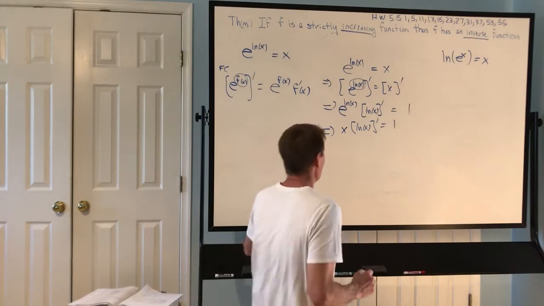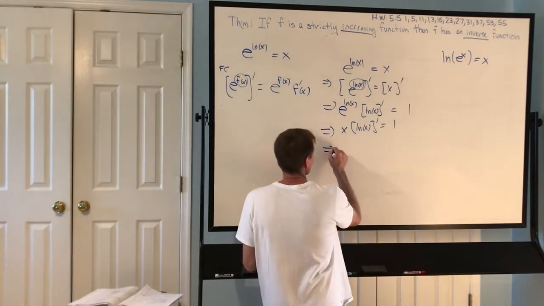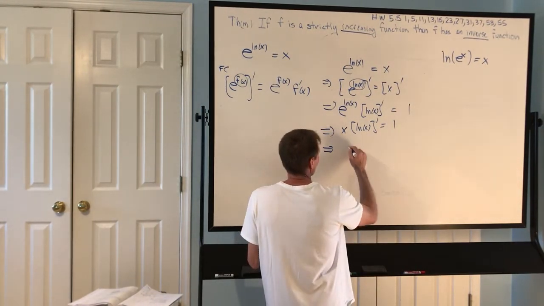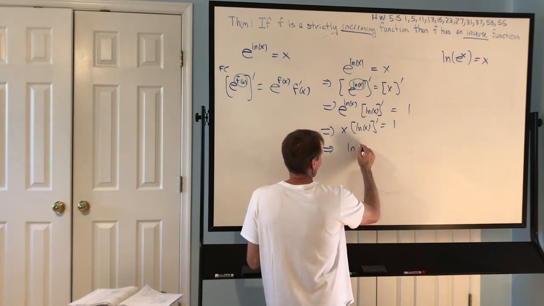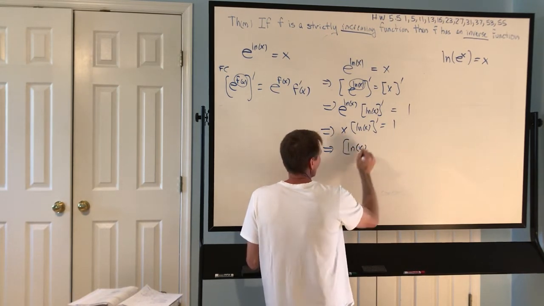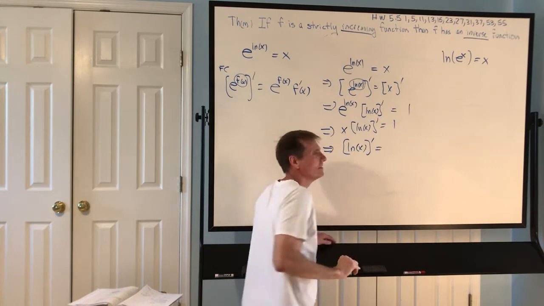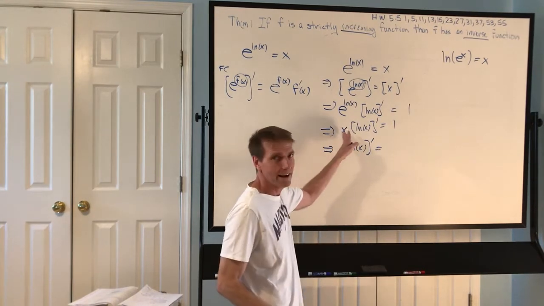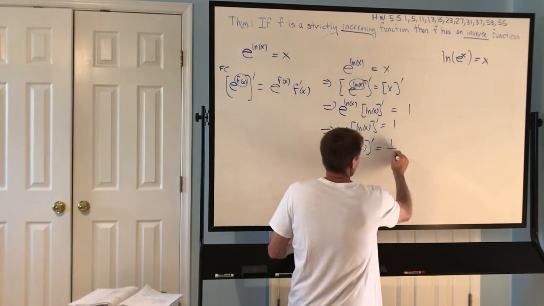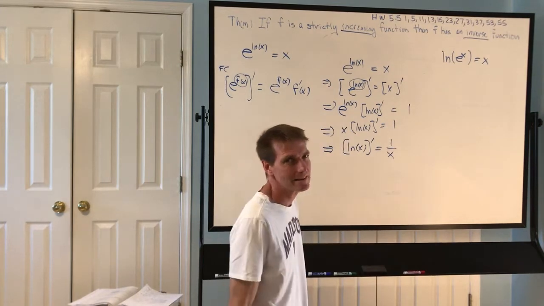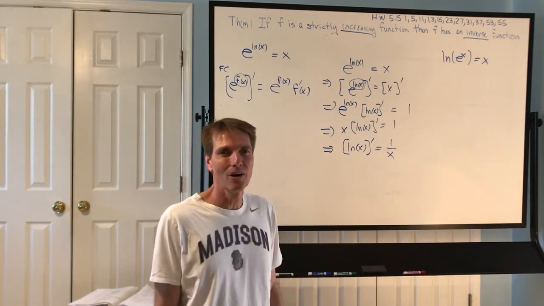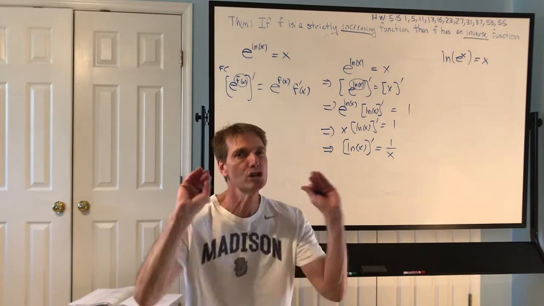But this would imply that the derivative of the natural log of x is equal to 1 over x. How sweet is that?